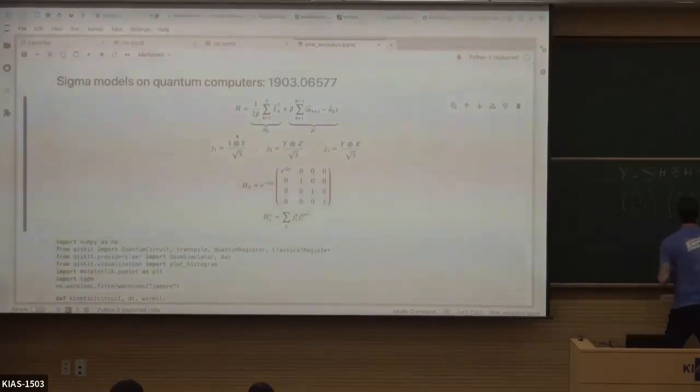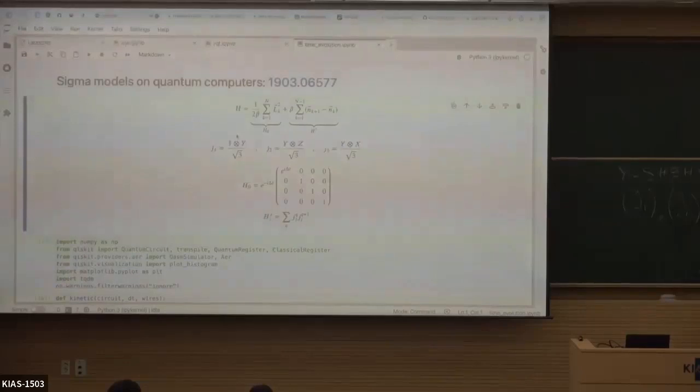I can expand it a little bit more to help you. So it is identity, Kronecker product, Y, this is applied to the first qubit, 0, 1.